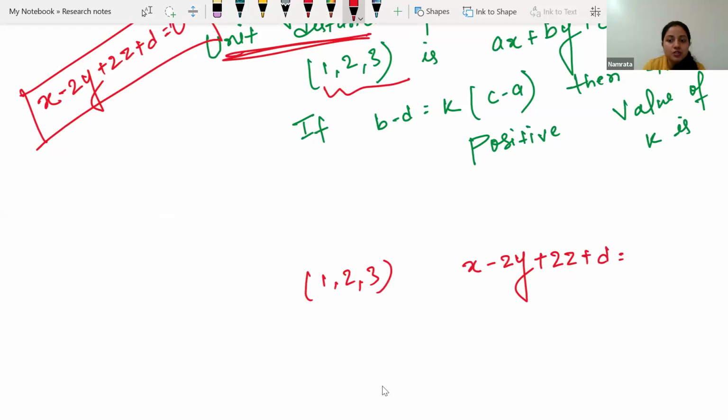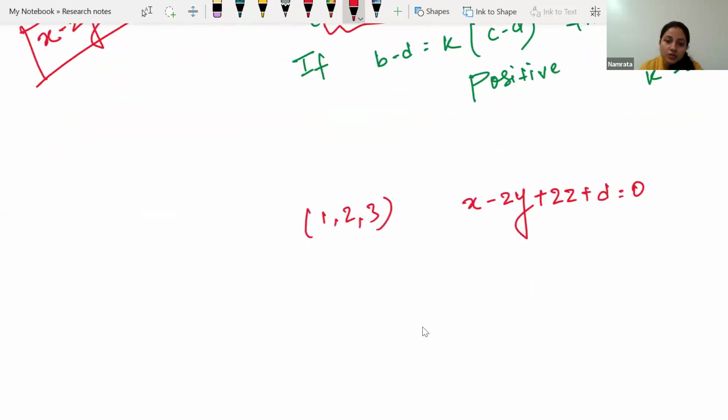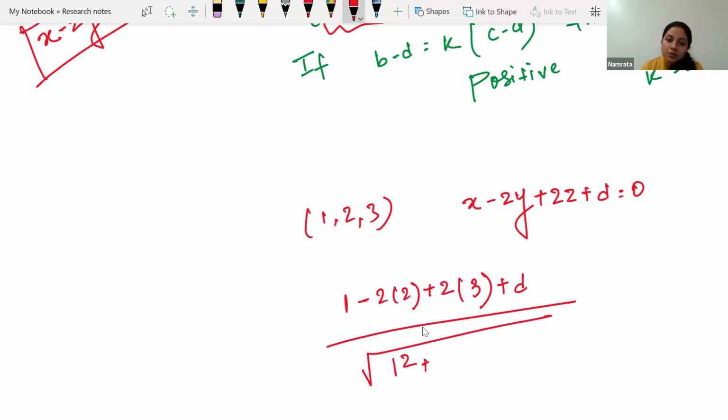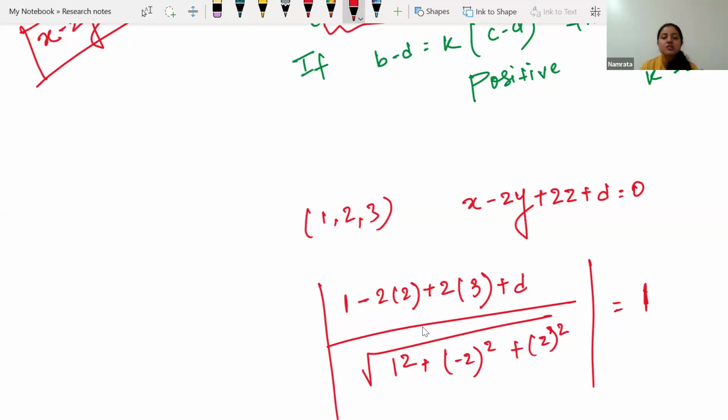So the distance will be mod of (ax1 plus by1 plus cz1 plus d) over the square root of a square plus b square plus c square, which is equal to unit distance, that means 1.